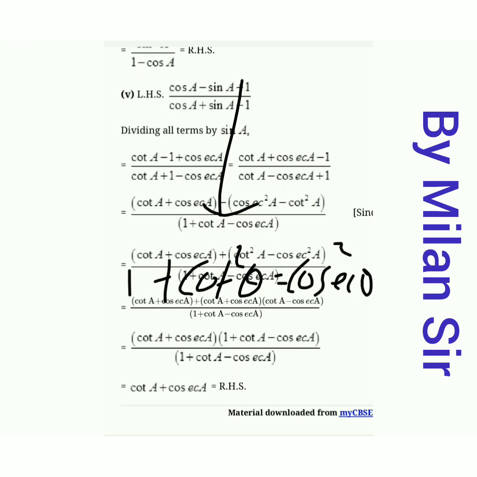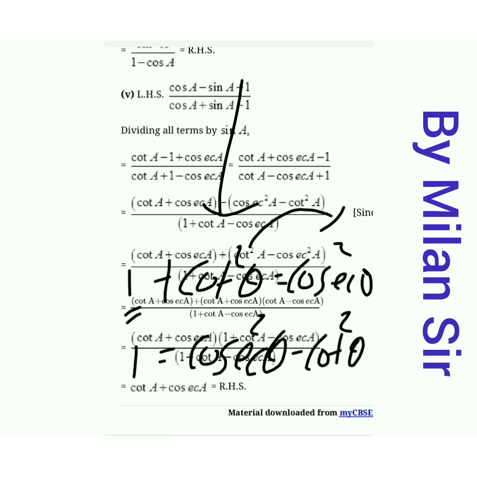Now if we want to find the value of 1, then transfer cot square theta to the right hand side. We also write this formula in our theory part. So the value of 1 is equal to cosec square theta minus cot square theta.